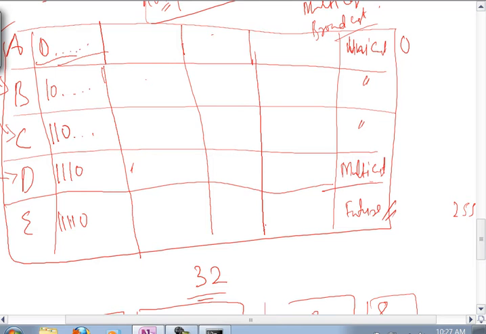Because in a particular octet we have 8 bits. 2 to the power 8 is what? 256. So 0 to 255.